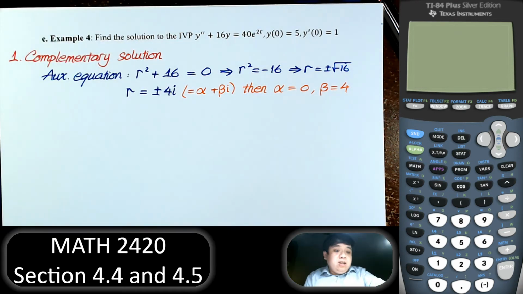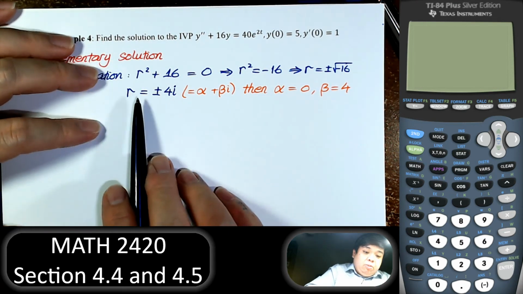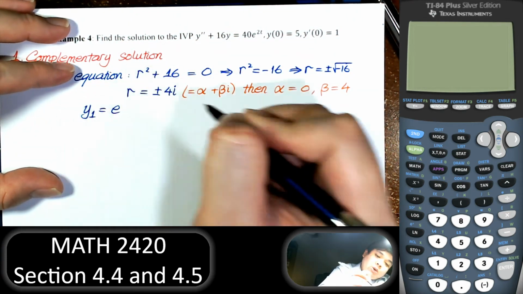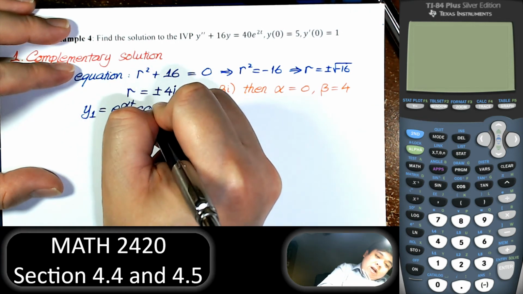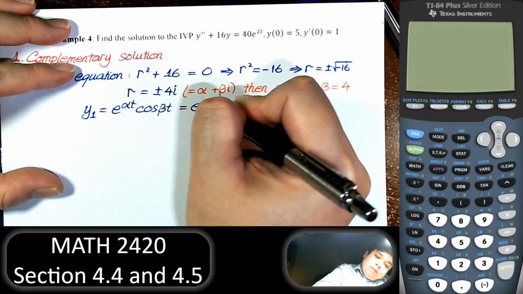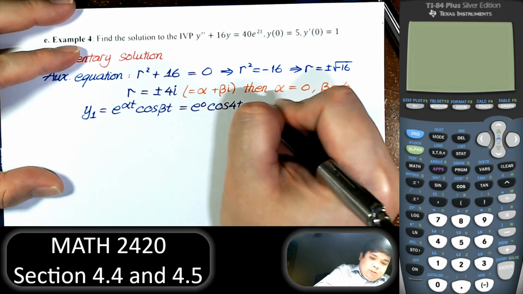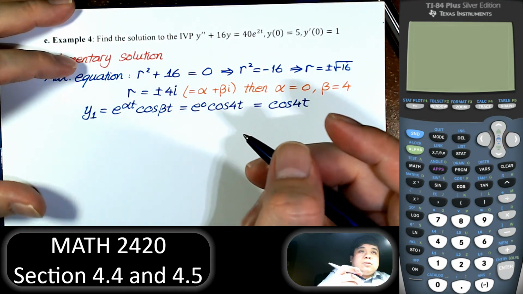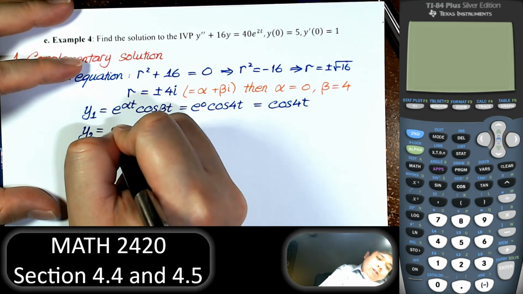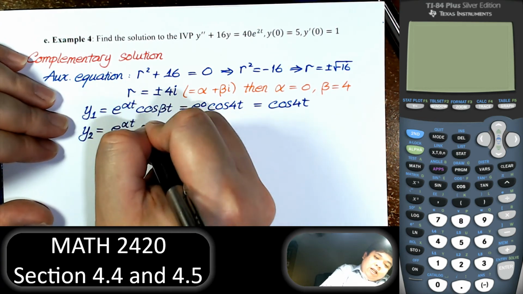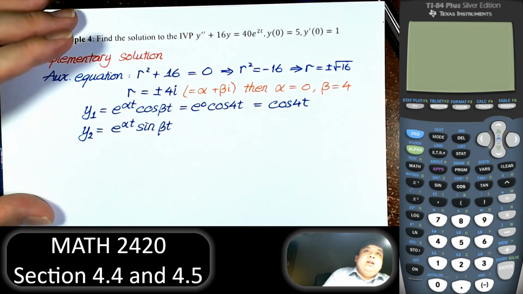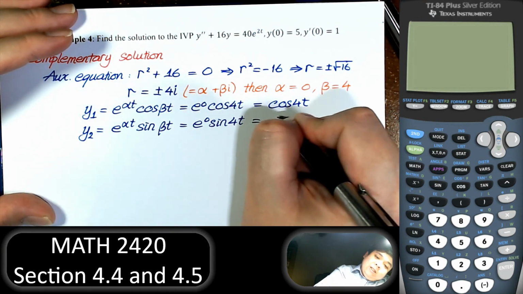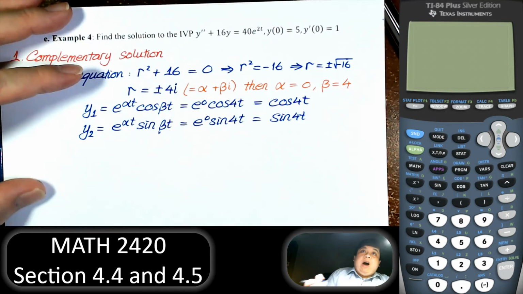If there are complex conjugate solutions, so we will have y1 equal to e to the alpha t cosine beta t, so just cosine 4t. y2 equal to e to the alpha t sine of beta t, e to 0 sine of 4t. e to 0 power is 1.